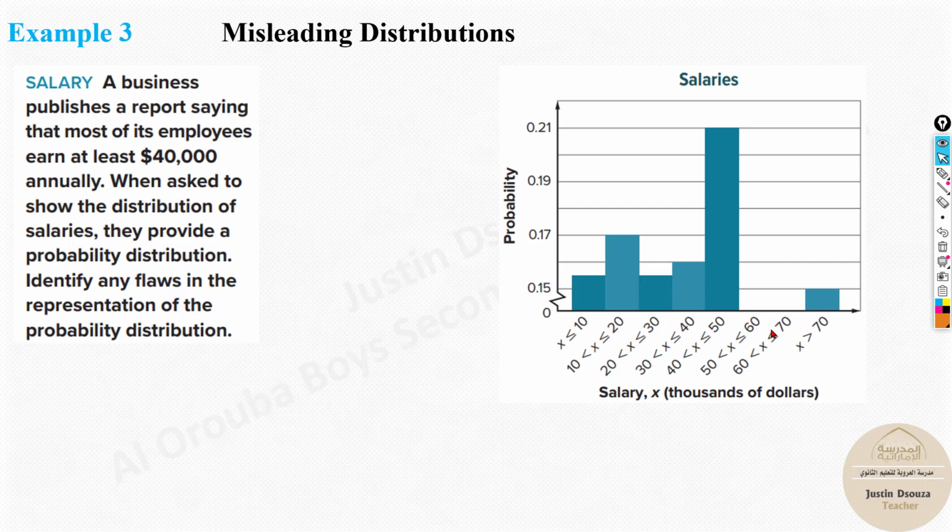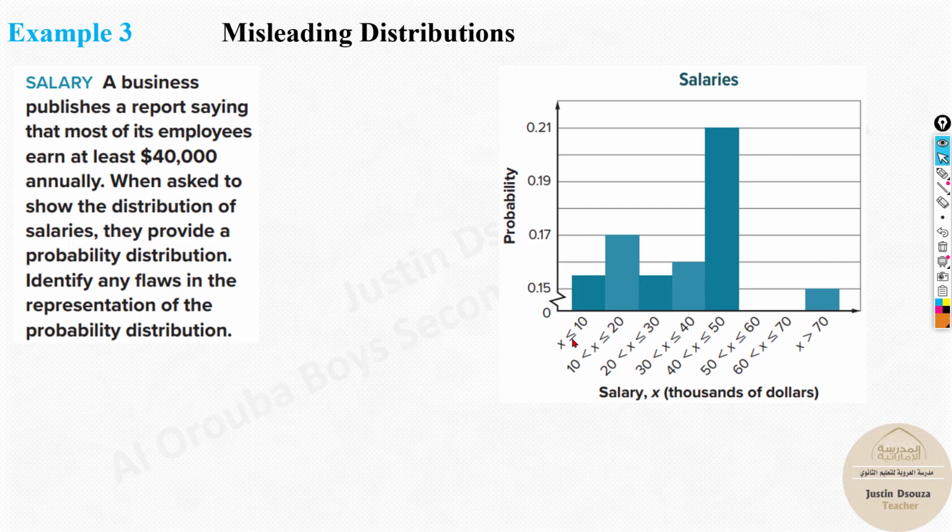What do you understand from this? First of all, look at this scale here, the probability distribution. They have zoomed in. They just want to make you look that 40,000 is very high, because they have told that most of its employees are earning 40,000, which is really wrong. Why? Because there is a huge variation.